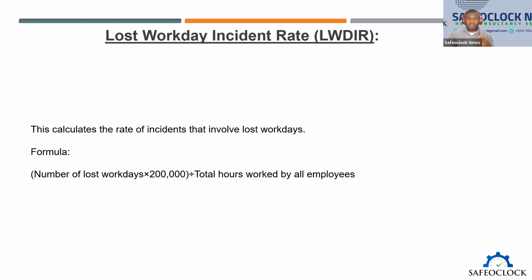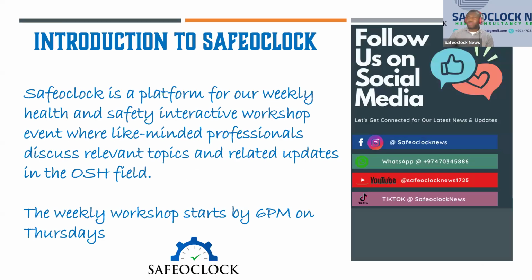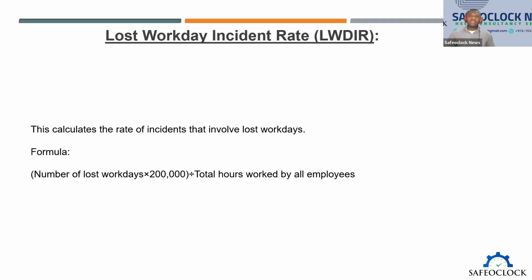So the formula is number of lost work days multiplied by 200,000 if you are using the OSHA standard, but 100,000 if you are using the UK Health and Safety Executive multiplying factor. Then divided by the total hours worked by all employees. So this is the formula that helps us to achieve these things.